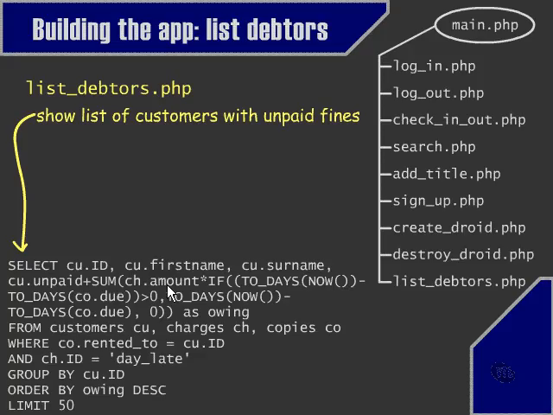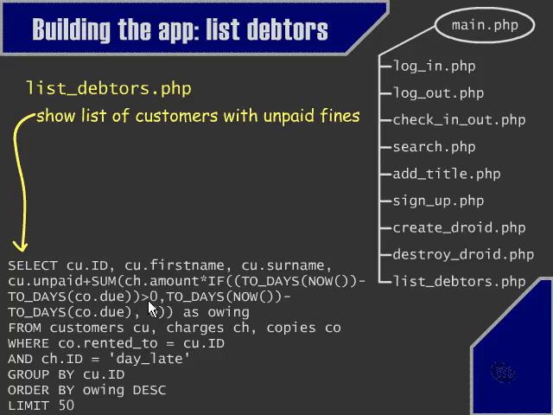The charge amount, which means the particular amount it costs to have a video late for a day, multiplied by, and here we have an if function, and this if function takes a look at whether the current number of days, that's what the to_days function here does, of the current date minus the current number of days on the due date of the copy of the video is greater than 0.